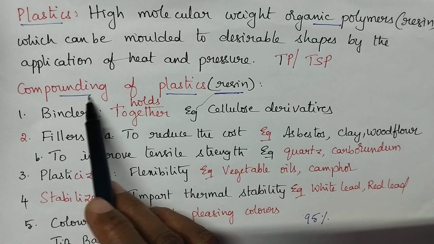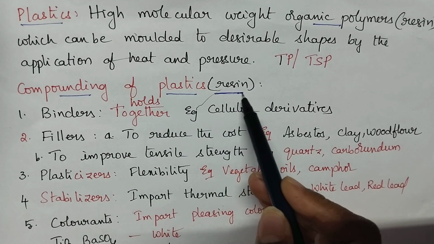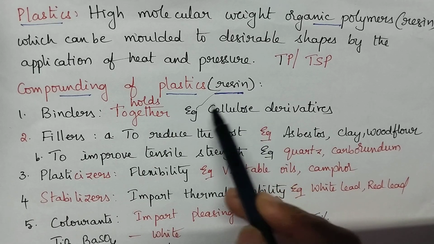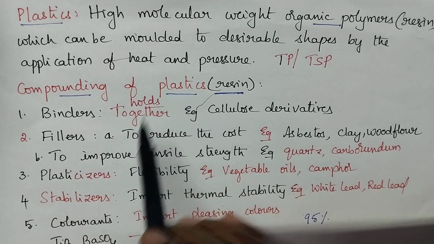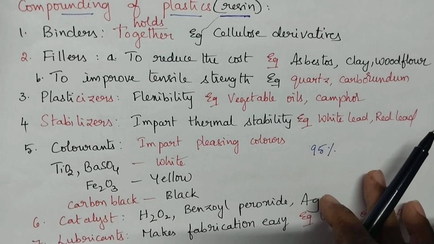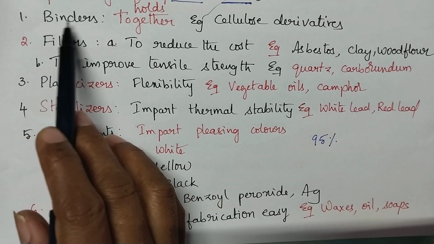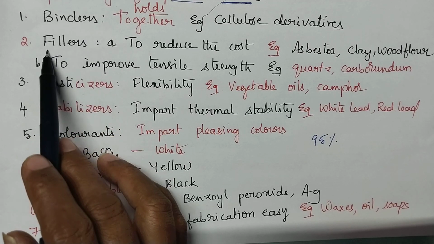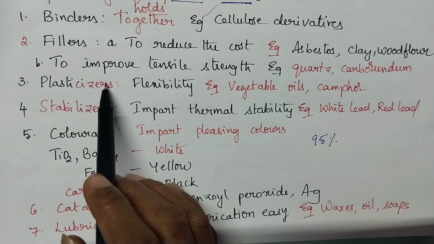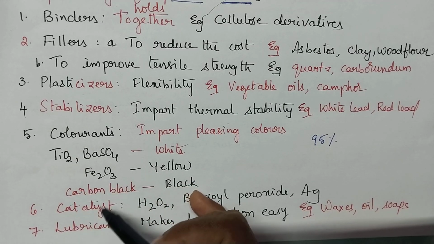So, the process of including various ingredients into the raw plastic with improved workability is called compounding of plastics. Let us see what are the chemicals used during the compounding of plastics. First one is binder. Second one is fillers. Third one is plasticizers, stabilizers, colorants, catalyst and lubricants.